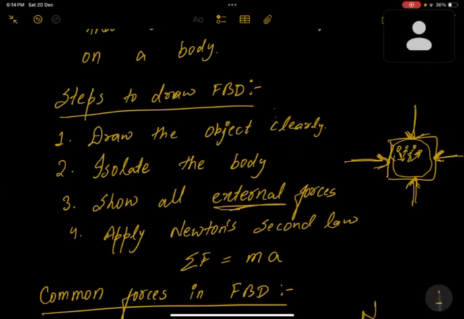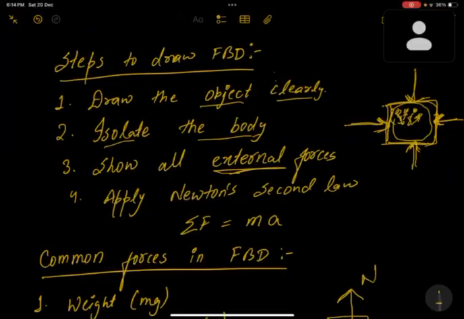First of all, we have to draw the object very clearly, and second, we have to isolate the body, whichever body we are talking about, so that we can see clearly what forces are applying on this body. And then we have to show all the external forces. We should not include any kind of internal forces.